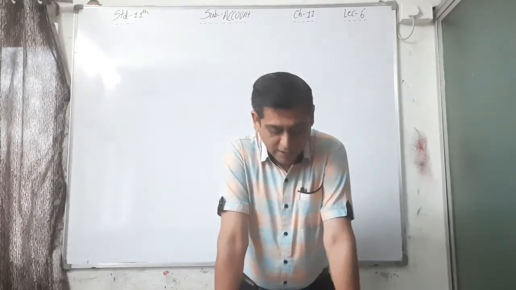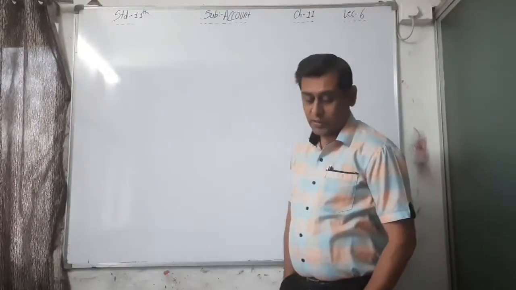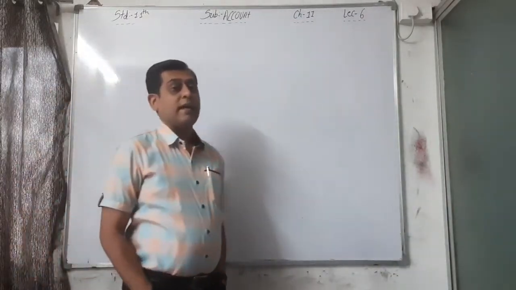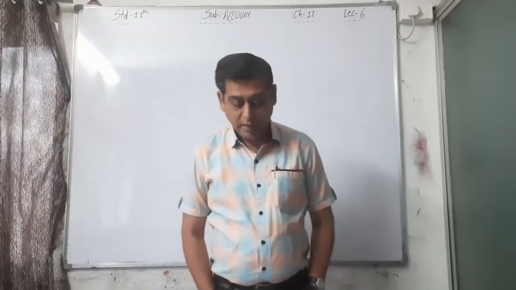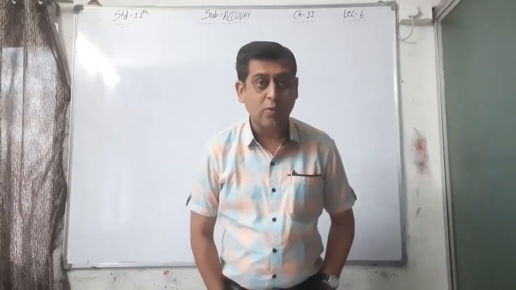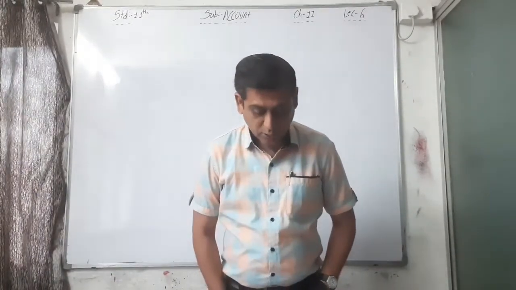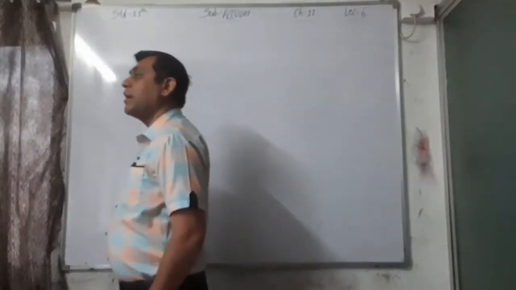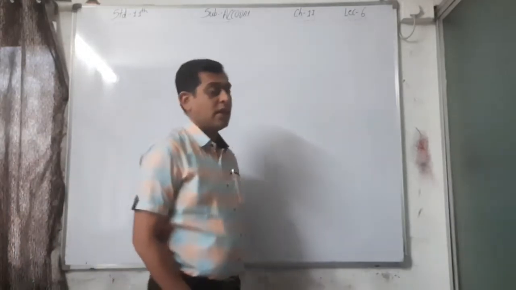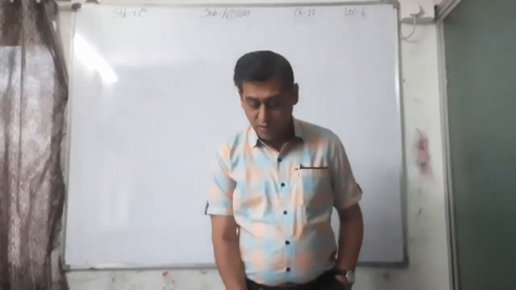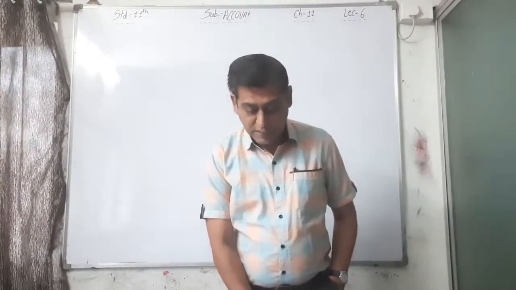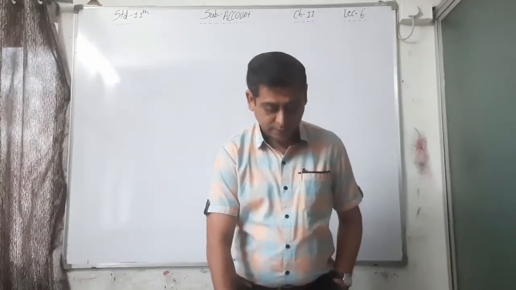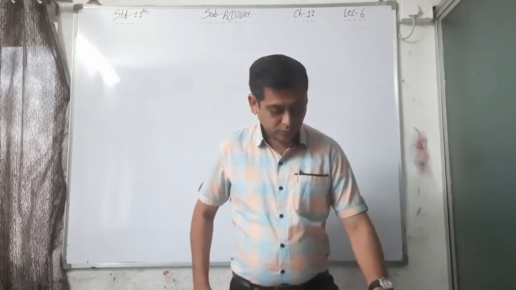Bank balance as per cash book, is it a debit balance or credit balance? It is a debit balance, so we write that 10,000 rupees on the debit side. The debit credit method is a very easy method, so please do all the sums with the debit credit method. Okay, so start the sum.